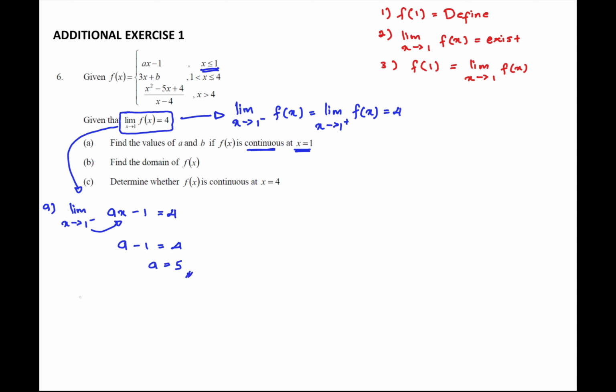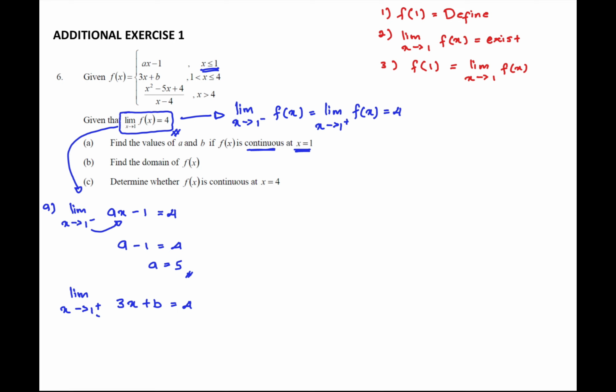And then the other one, the limit as x approaches 1 from the right. From the right means greater than 1, which is 3x plus b equal to 4. Why equal to 4? Because the limit from the left equals the limit from the right, which is 4.